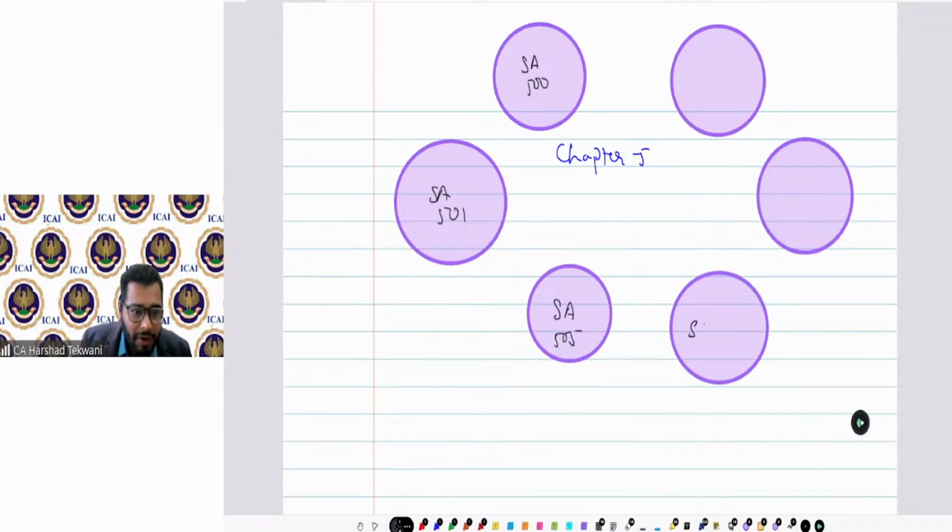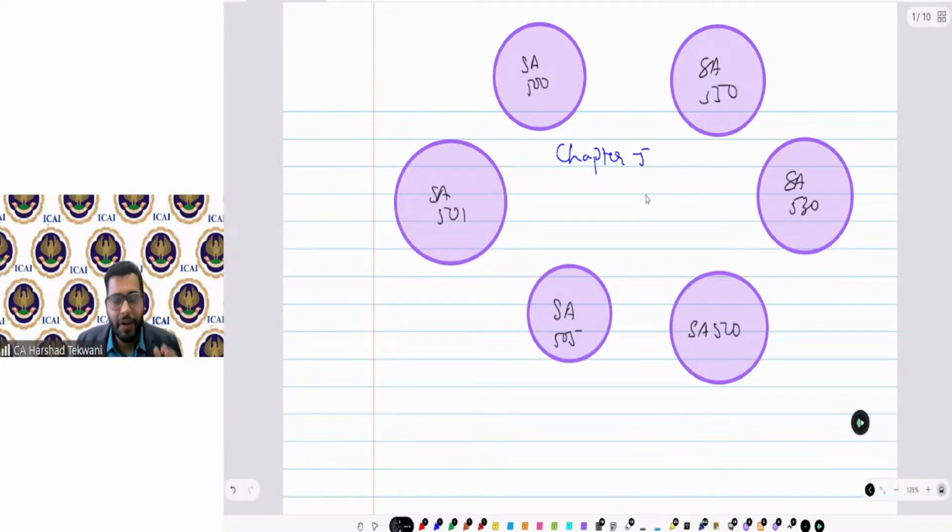You have SA 510, opening balances, how to collect audit evidence regarding opening balances. SA 530, collecting audit evidence through audit sampling, and SA 550, collecting audit evidence regarding related parties. These are the different areas that the chapter will cater to.